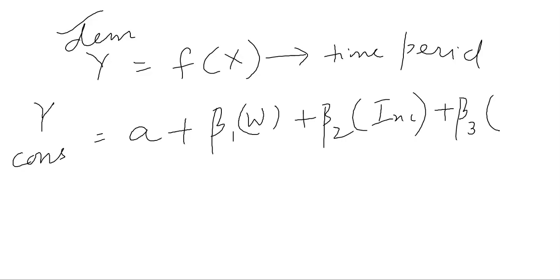If you don't know binary variables, let us drop it for the time being. It can be the number of family members in the family. So this is your overall consumption. What I mean to say is you can take any variable as X and Y.